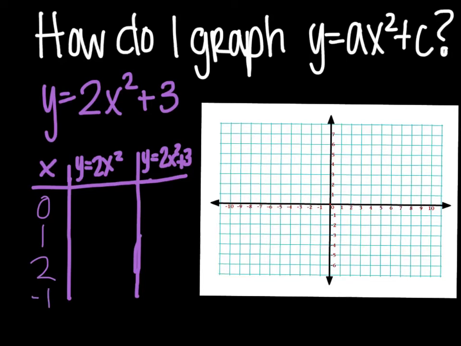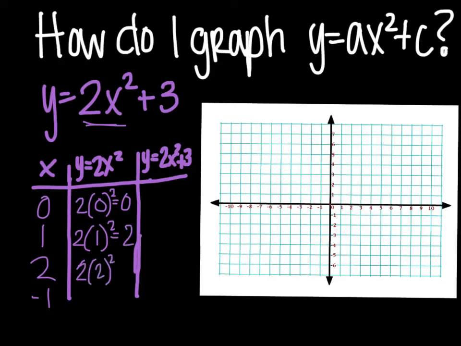So here, if I were to use the parent function ax squared, which is what we just learned about, it would be 2 times 0 squared, which would obviously be 0. This one would be 2 times 1 squared, which would be 2. This one would be 2 times 2 squared. Order of operations, keep in mind, and that will give you 8.